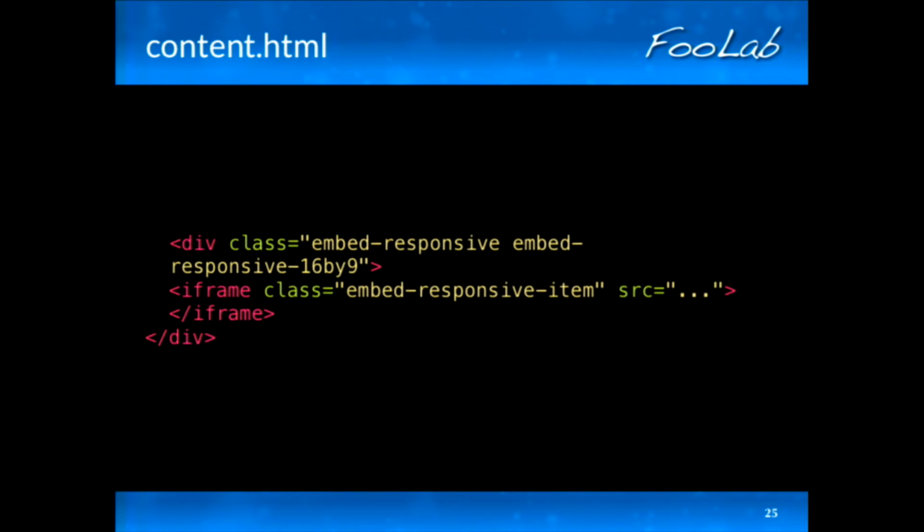That will constrain your iframe appropriately. You don't specify the size for the iframe. That's the container's responsibility. The iframe itself is marked with a class embed responsive item so that they can communicate with each other and apply the proper CSS rules. And then just put the source. So as you resize the browser, the video also shrinks proportionally.